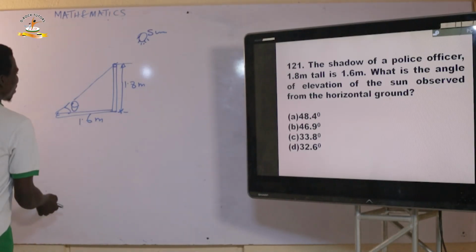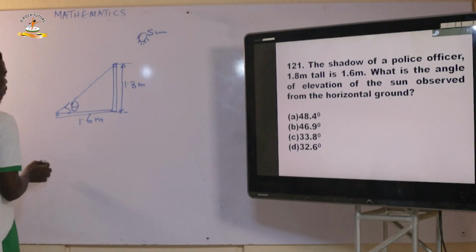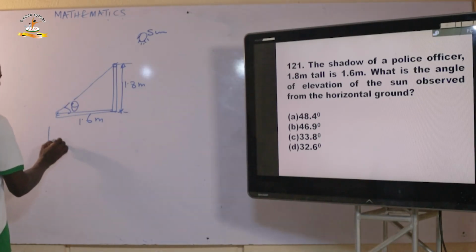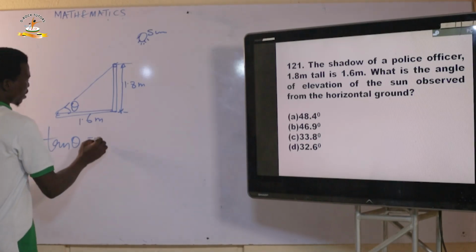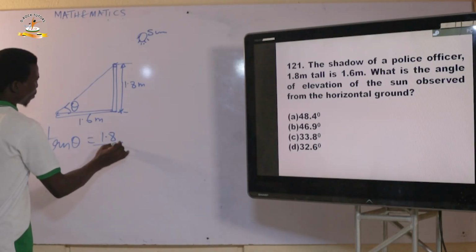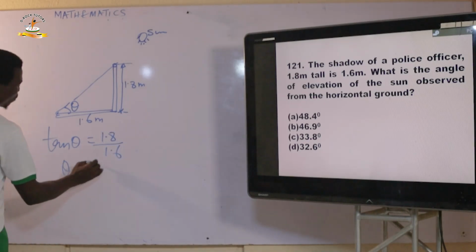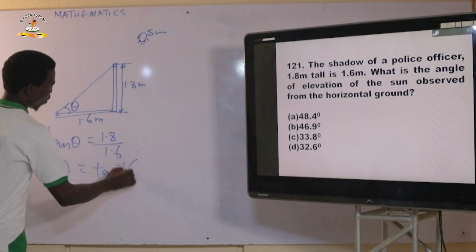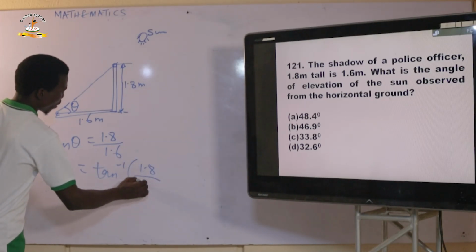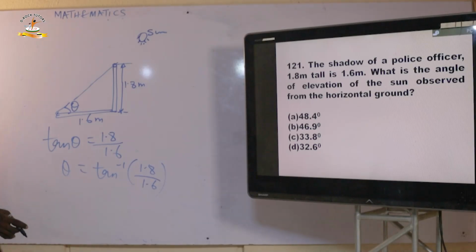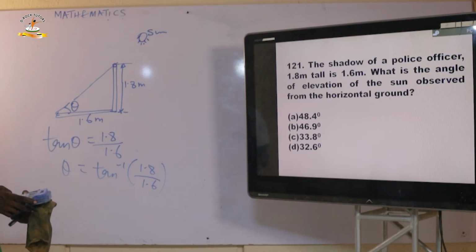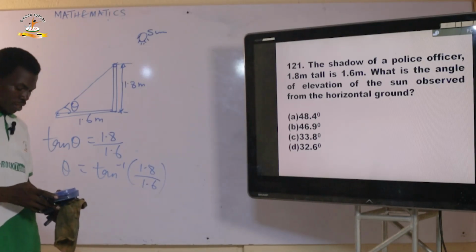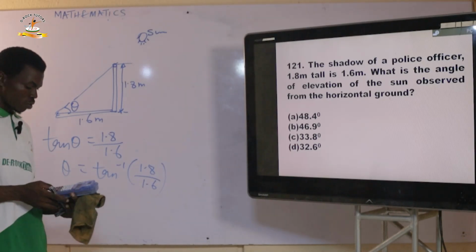1.8 meters. So to get theta, which is the angle of elevation of the sun, we say tan theta equals opposite over adjacent. That is 1.8 over 1.6, and it means theta will be tan inverse of 1.8 over 1.6. So let's check that. 1.8 divided by 1.6 is 1.125.